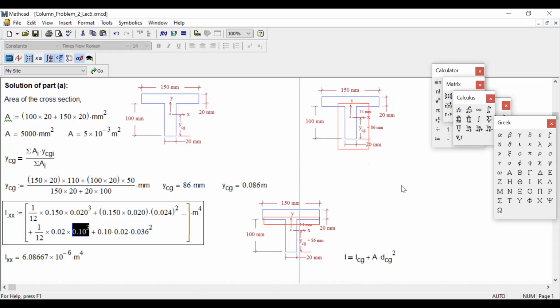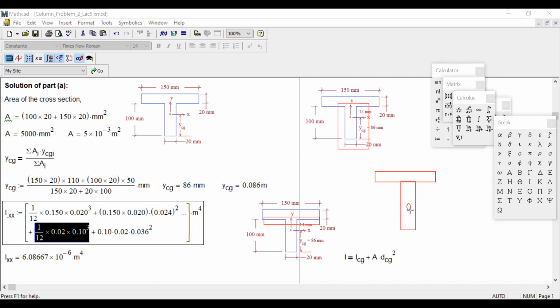That means we have the upper portion, this one, we already got it, and the lower portion is this one. So this moment of inertia, you are getting with respect to the CG of this vertical portion. But what is the CG of the whole body? Right over here.